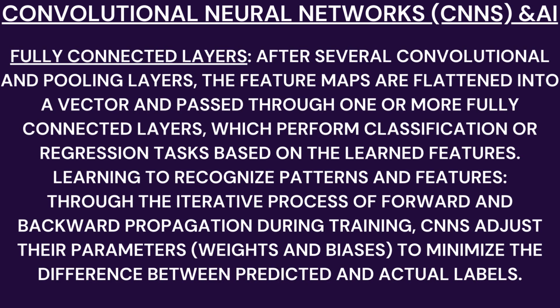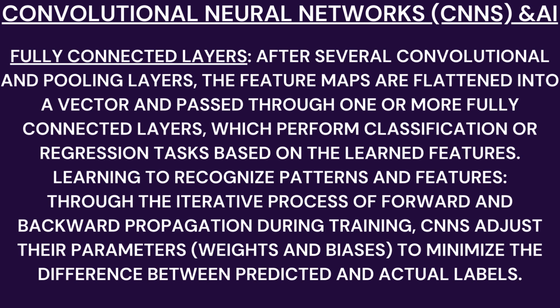Fully connected layers. After several convolutional and pooling layers, the feature maps are flattened into a vector and passed through one or more fully connected layers, which perform classification or regression tasks based on the learned features, learning to recognize patterns and features.